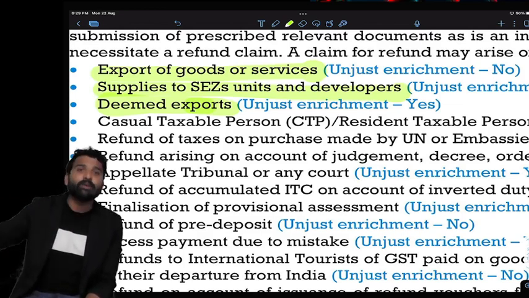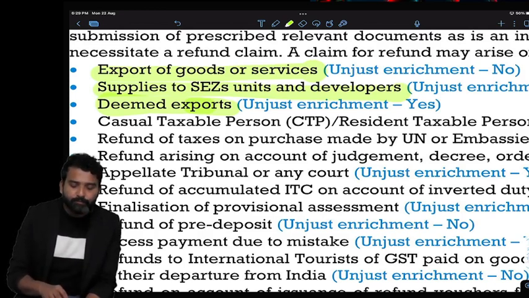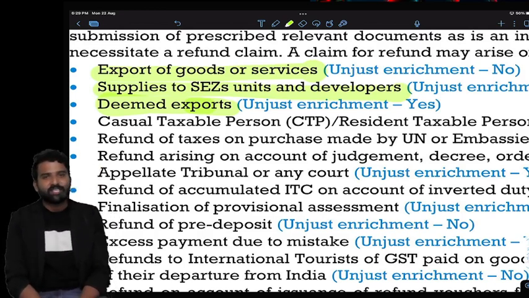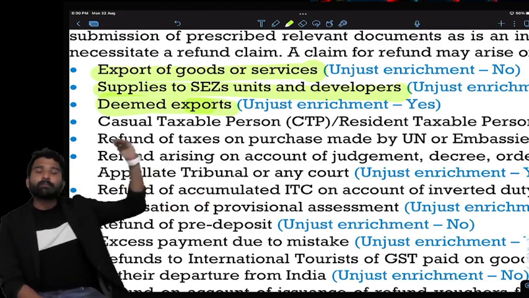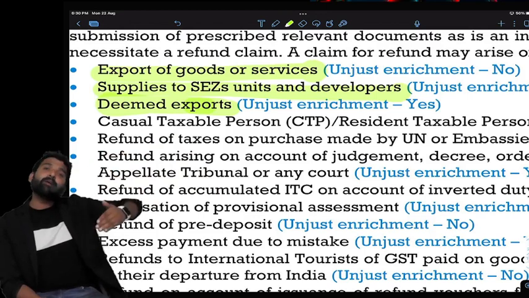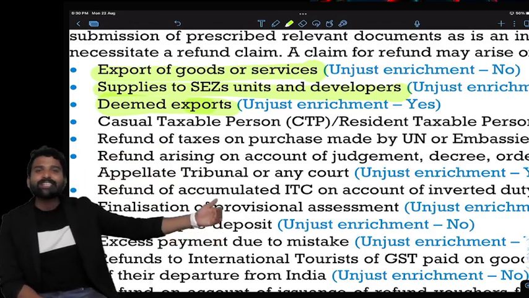In that case, we need proof of the doctrine of unjust enrichment. Yes, because you are not supplying outside India, you are not supplying to SEZ, you are supplying to a person in India holding a certificate.